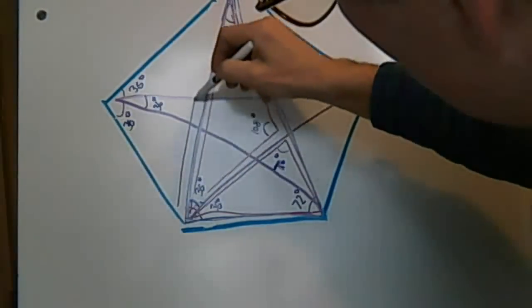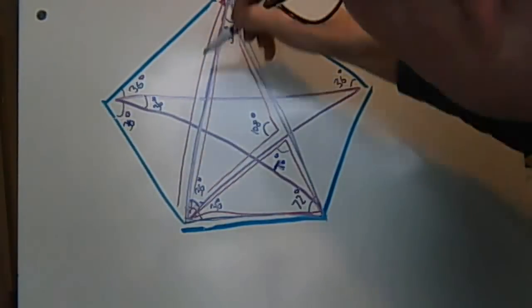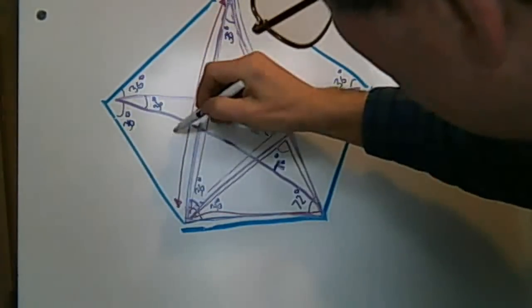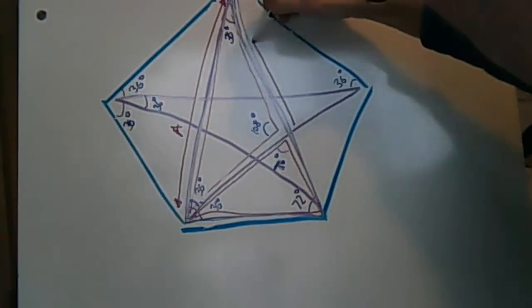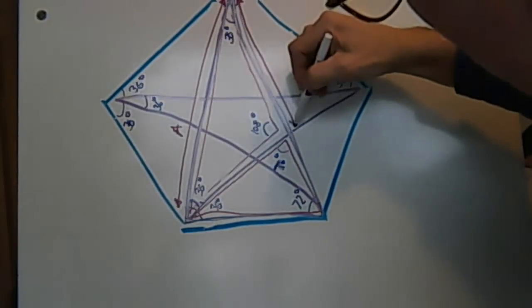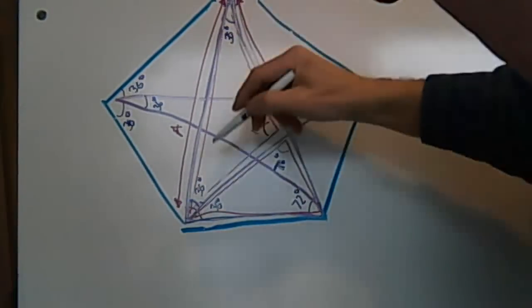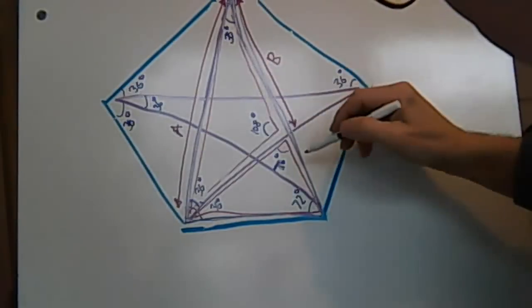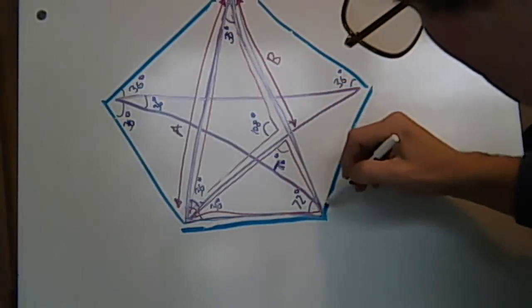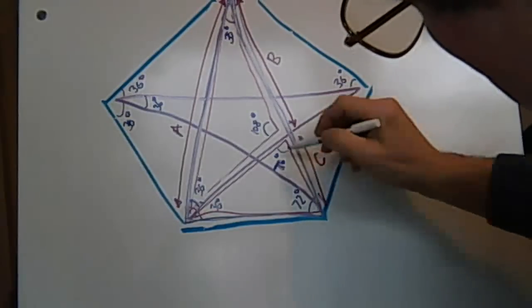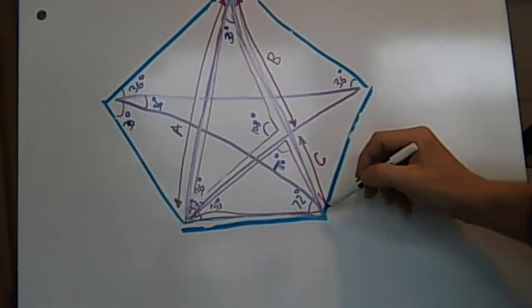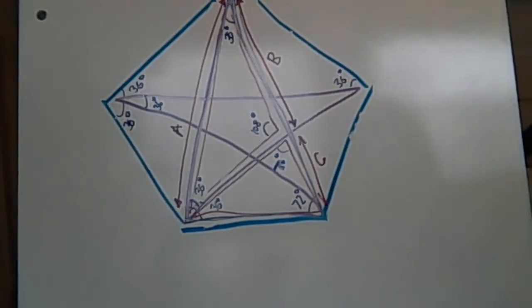I'm going to call the length of this side of this isosceles triangle A. And I'm going to call this length of this isosceles triangle B. And I'm going to call this length, the base of this isosceles triangle, C.